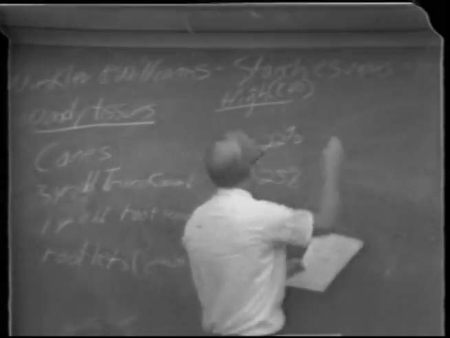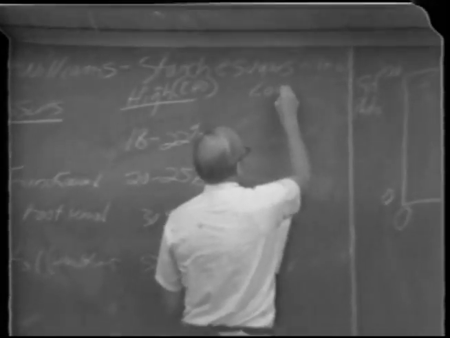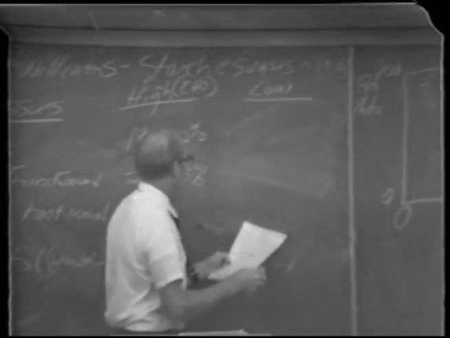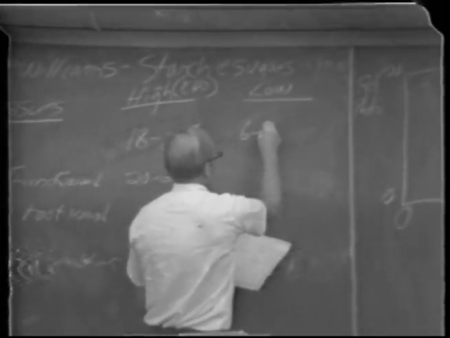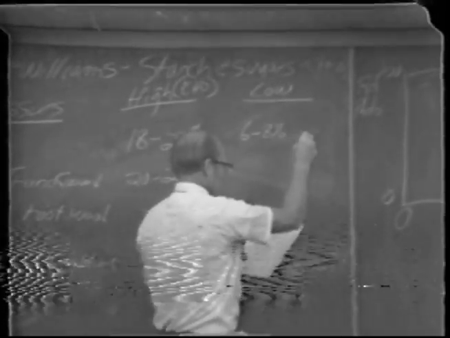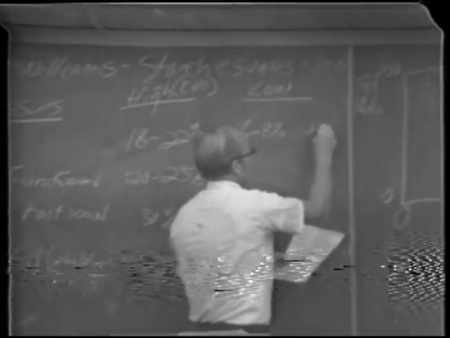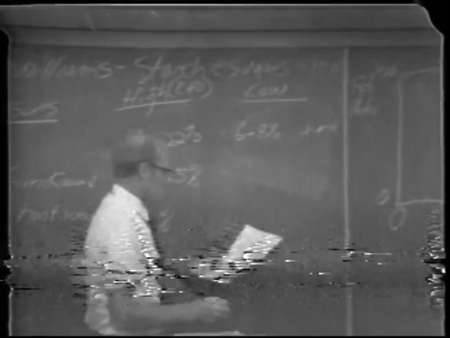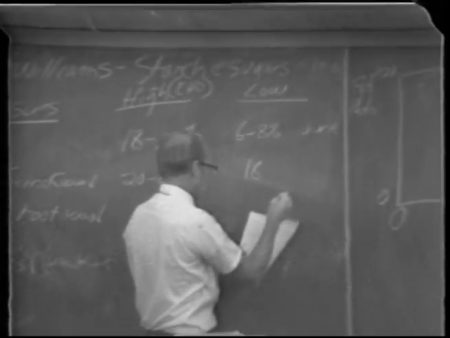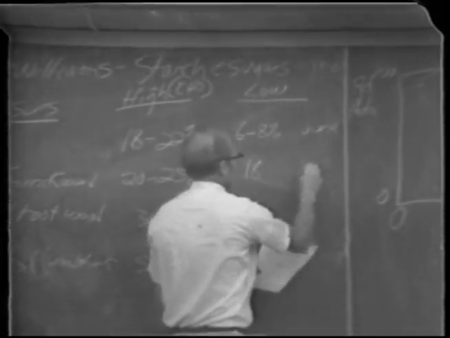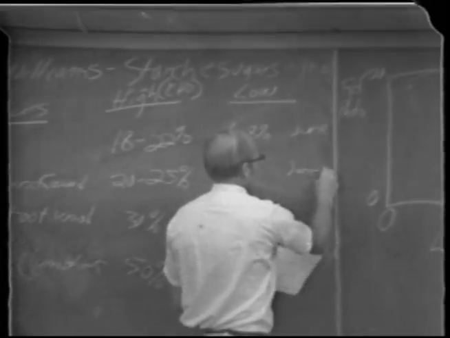And the low level in their yearly cycle was 6 to 8%, and the month was June. 18% for the 3-year-old trunk wood. This was end of June to July.